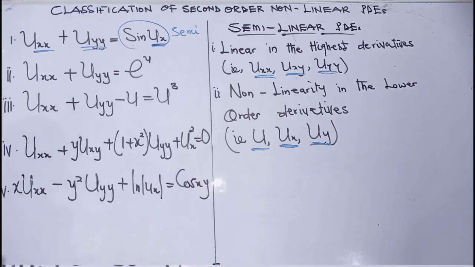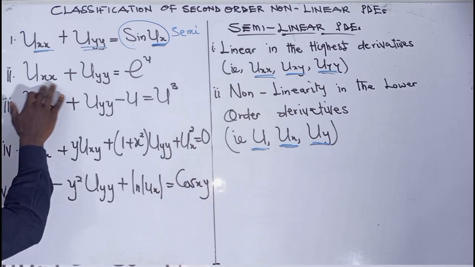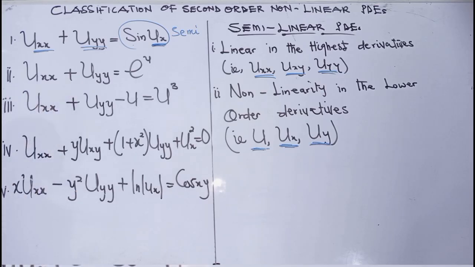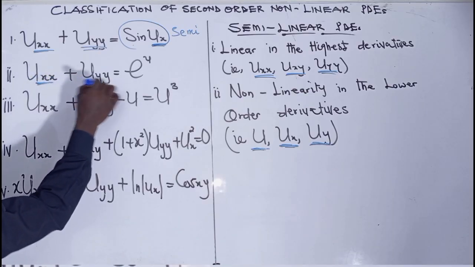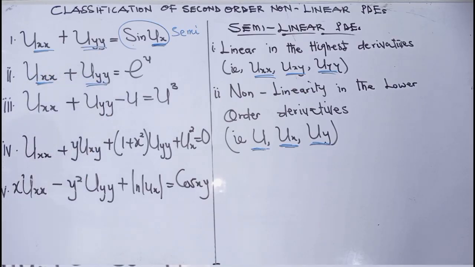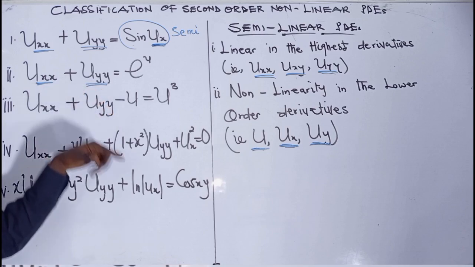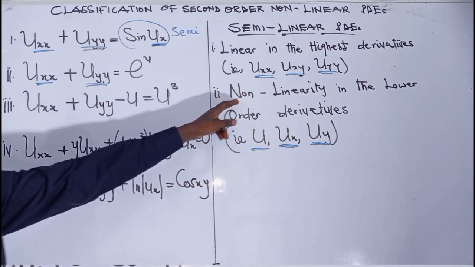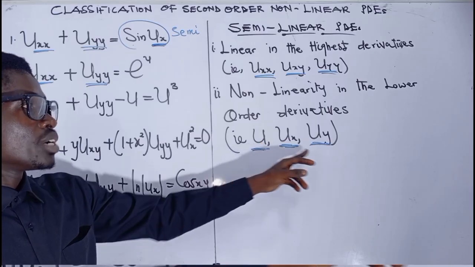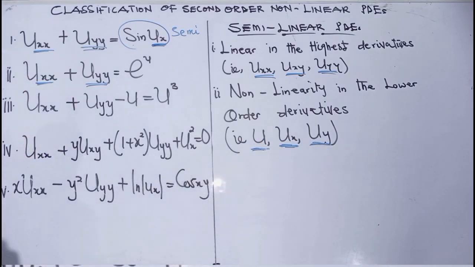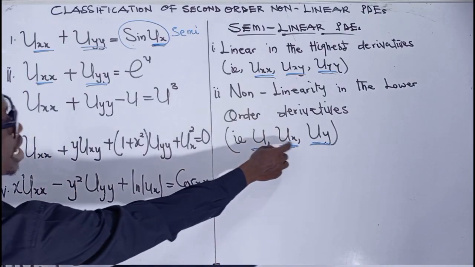We have our highest derivatives. As I said, with the classification of non-linear PDE, our focus is going to be on the highest derivatives. So first we have to identify our highest derivatives. So we have the uxx and the uyy. These are our highest derivatives, and they are linear. If they are linear, they move on to point 2. The non-linearity is on the lower order derivatives such as u, ux, and then uy. So we have to look for u, ux, and then uy.